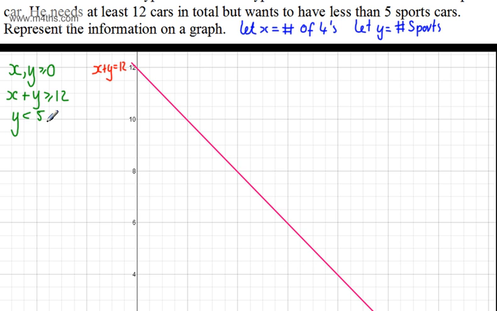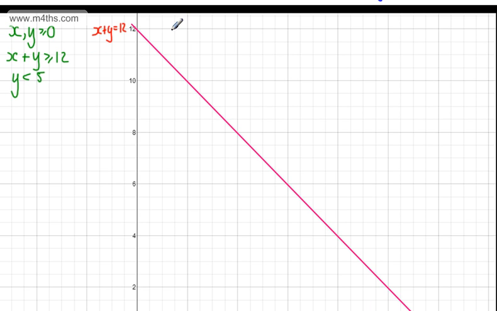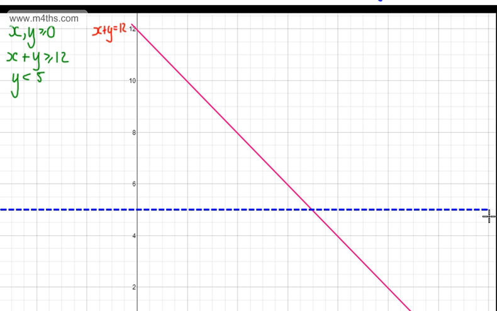I'm also going to put on that y is going to be less than 5. So at the moment I would shade all of this region right here to say that's included in the first one. What I'm now going to do is have y strictly less than 5, and that is going to be just there. So let's go ahead and put that one on, and that is y is equal to 5. So just writing this on, y is equal to 5.